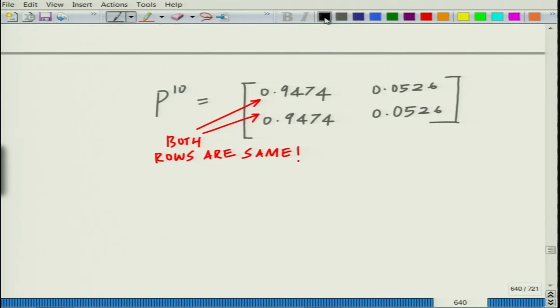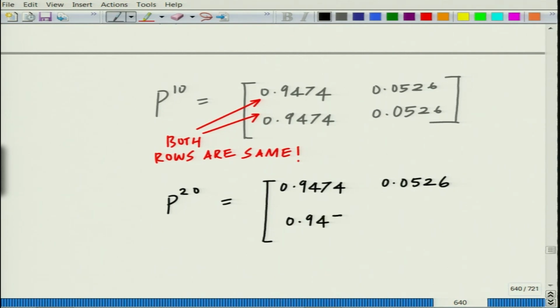And further, interestingly, now if you look at P to the power 20, what you will observe is that this is again essentially the same matrix.